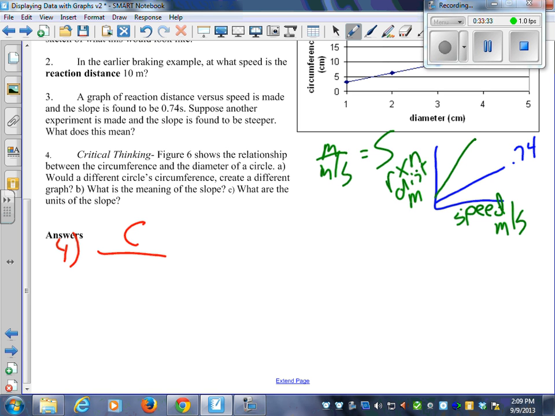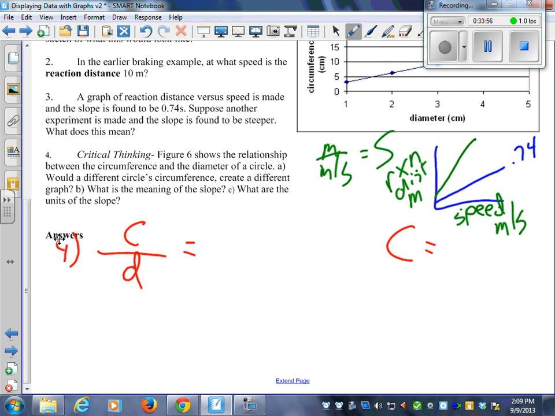Now, does anybody happen to know what circumference over diameter is? You're on the right track. Does anyone know the formula for circumference of a circle? Pi r squared is the area.